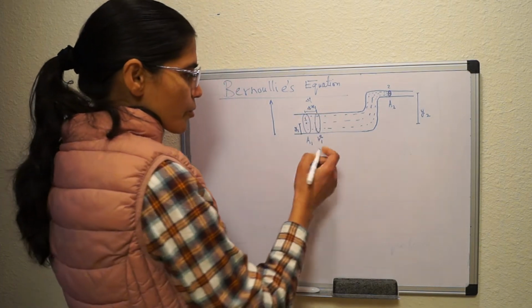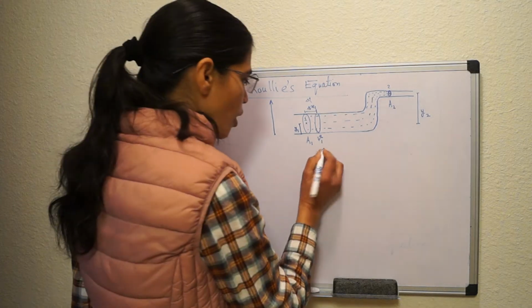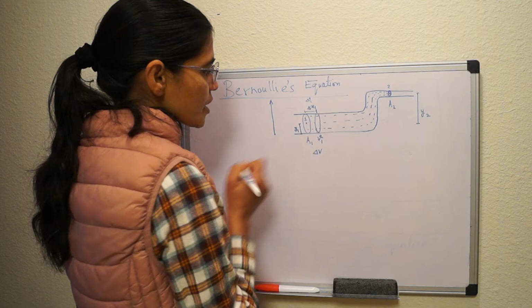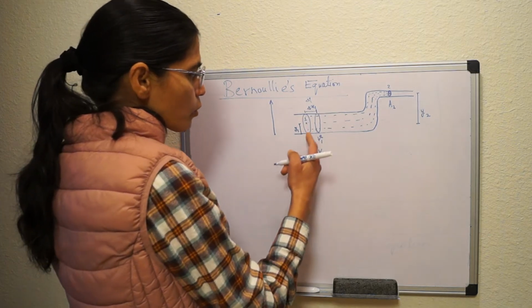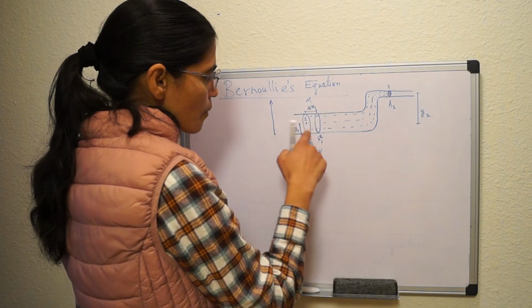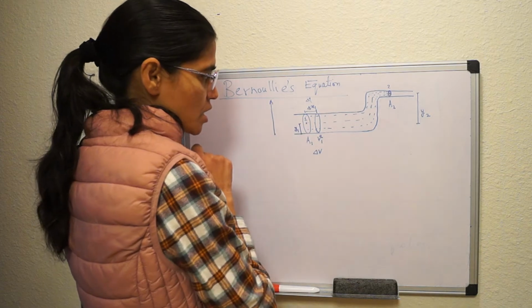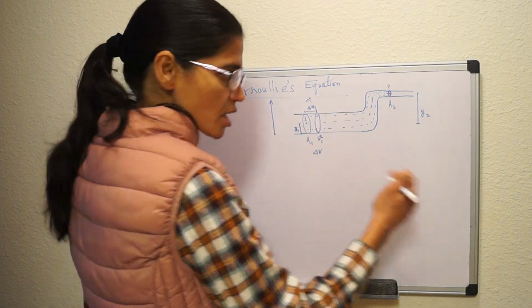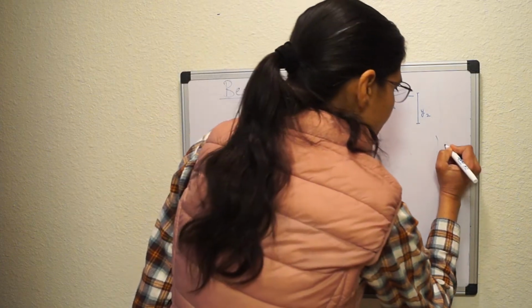Now, if you remember from the continuity equation, the change in volume, delta V, or volume element of the fluid flowing through this distance is what? We have a cross-sectional area A, right? And we have a distance, so it becomes a tiny cylinder like this.